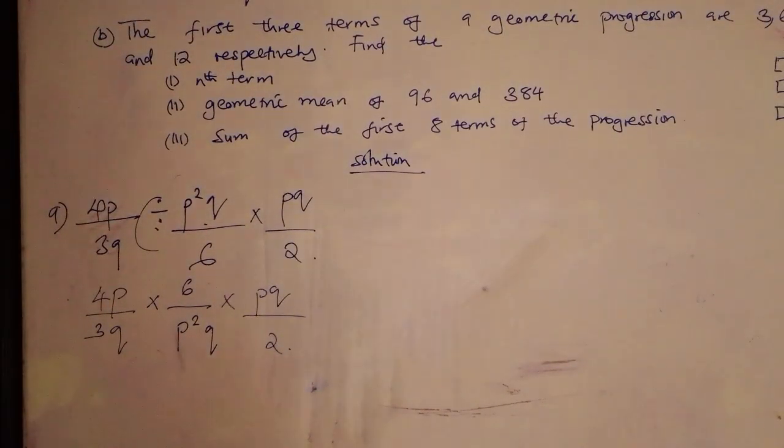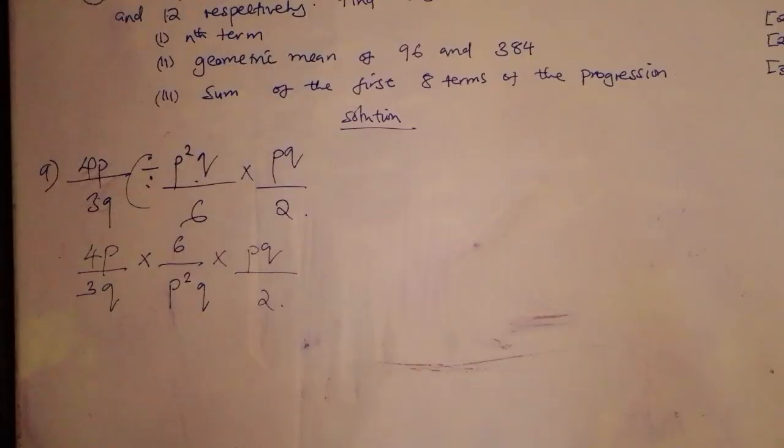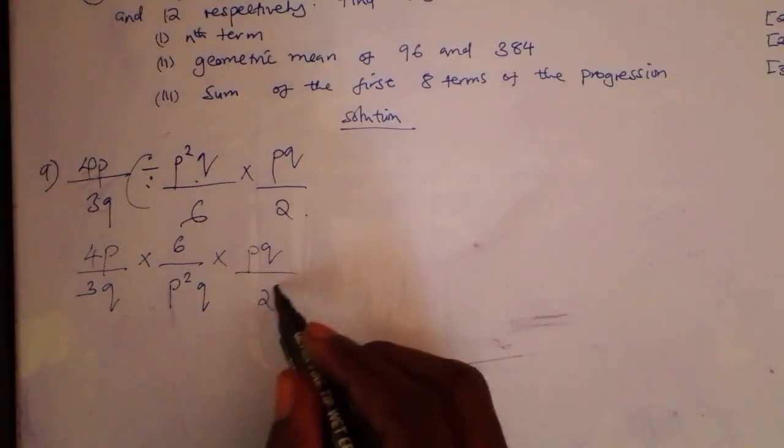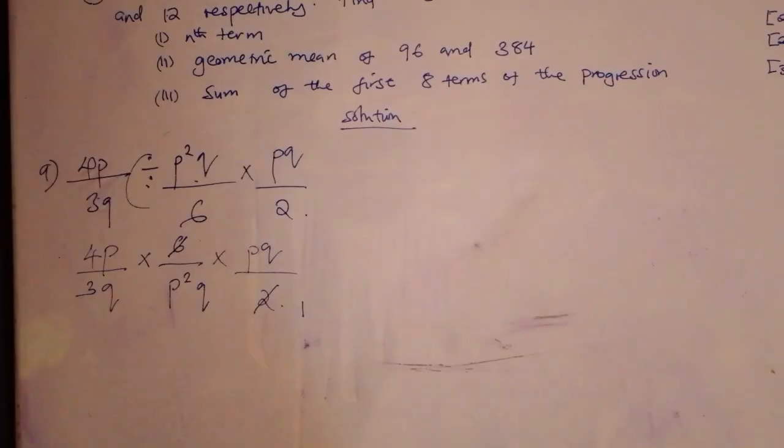We have changed the sign. So now moving on to step 2, simplifying. How can we simplify? First we start with numbers, because numbers are easy to simplify. So we are going to say 2 into 2 is 1. 2 into 6 is 3.